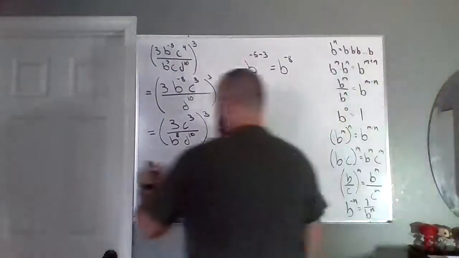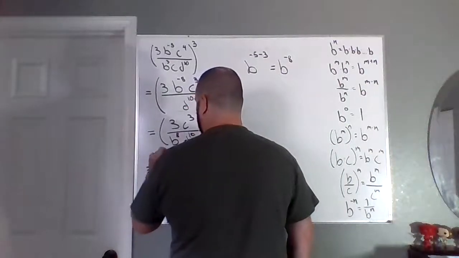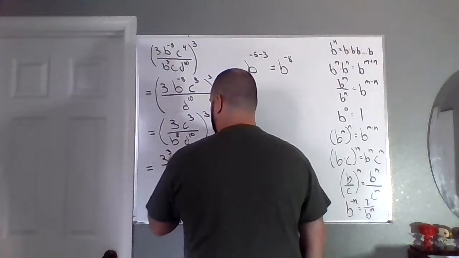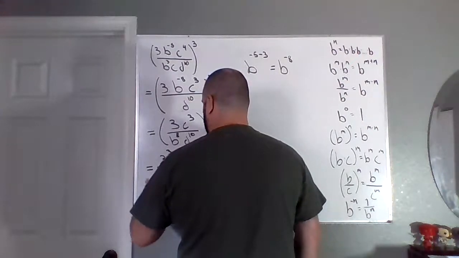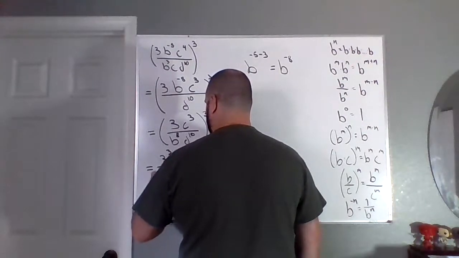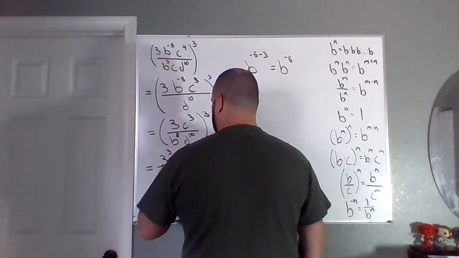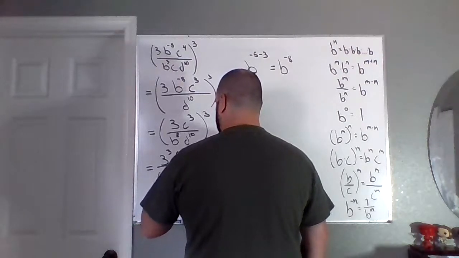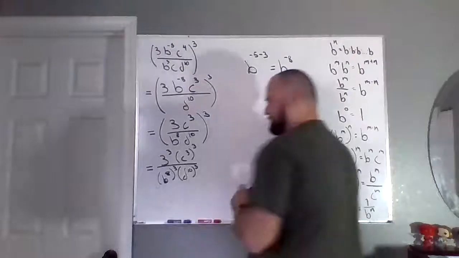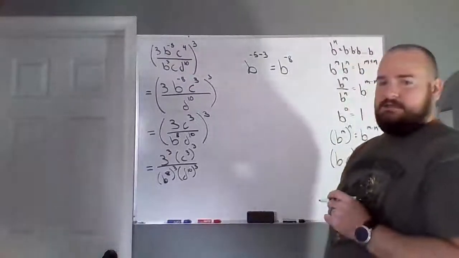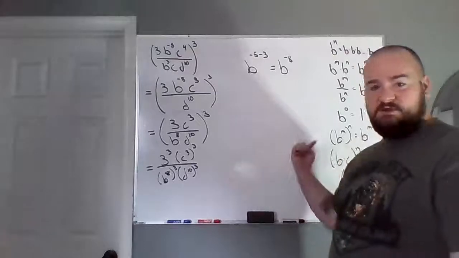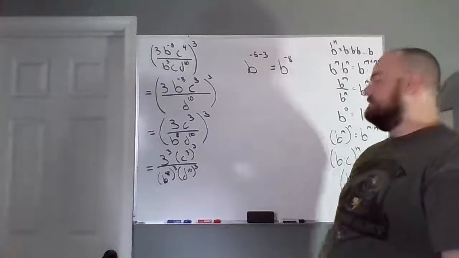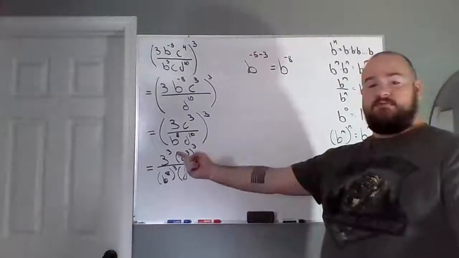So what we end up with is 3 cubed times c cubed to the third times b to the 8th to the third times d to the 10th to the third. You're like, well, we got rid of one parenthesis, but we added 3 more, but we just have to simplify those using our lovely power rule. And we also have to calculate our numeric value now.